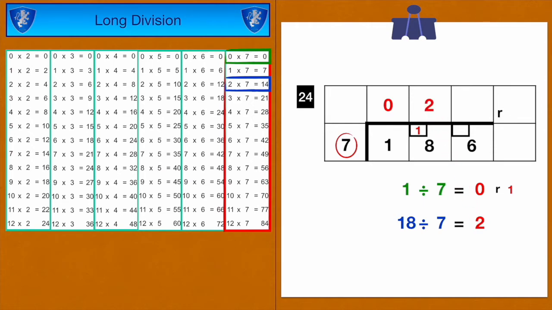And what do you think the remainder will be? Yes, 4. So making my third step now 46. So 46 here divided by 7 goes 6 times with a remainder of 4.